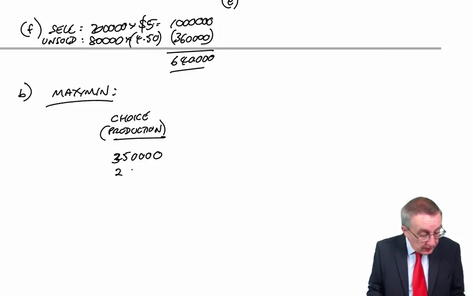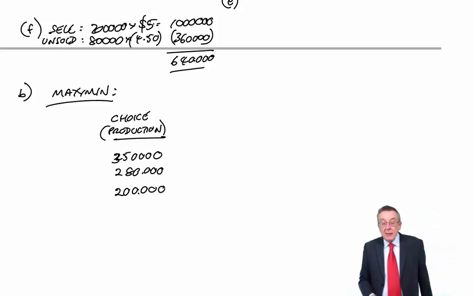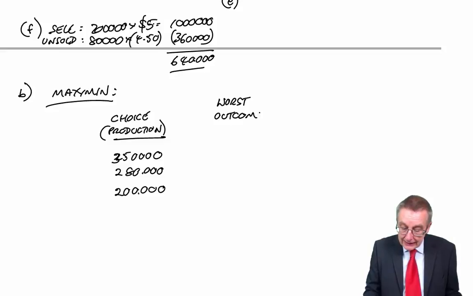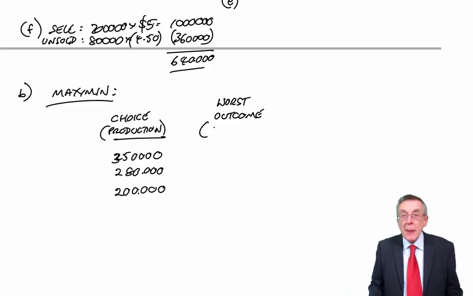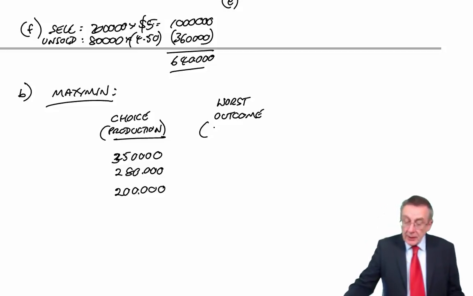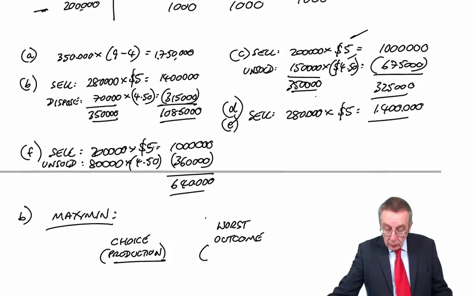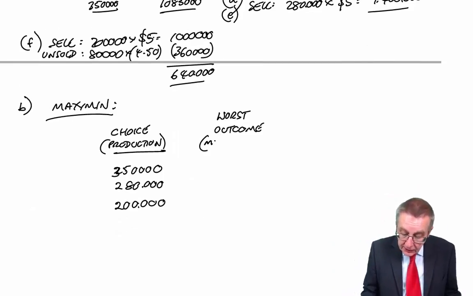For each of the choices, we identify the worst outcome, and since we're looking here at the profits on that table, the worst outcome is in each case the minimum profit.